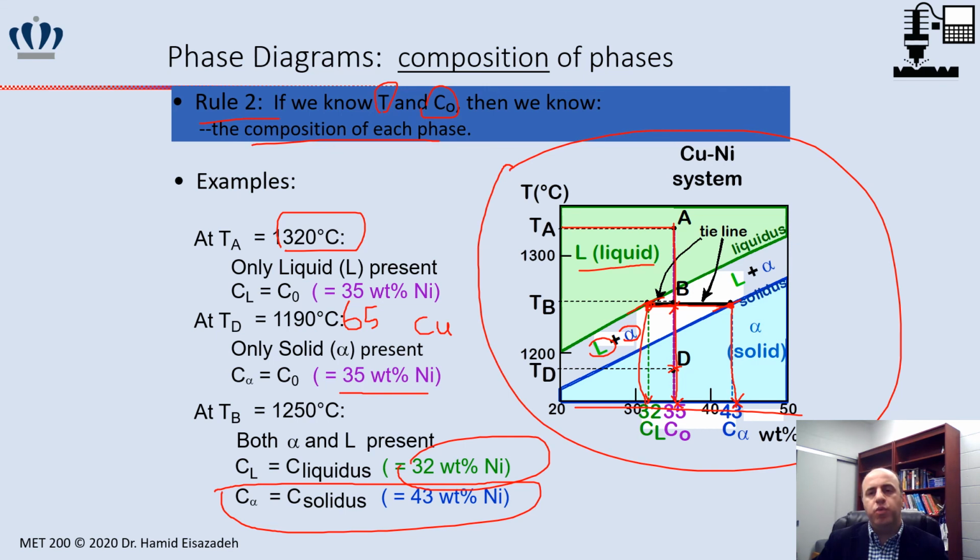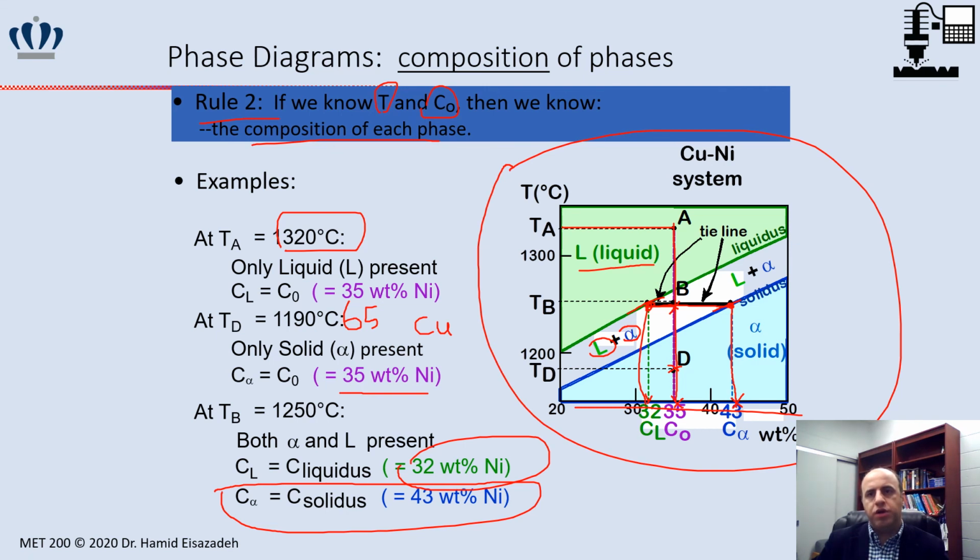So this is the way we can find the composition of multiple phases. In this region, we were dealing with one phase, so you just simply draw one vertical line to find the composition of the material. Same thing in this region, the liquid.